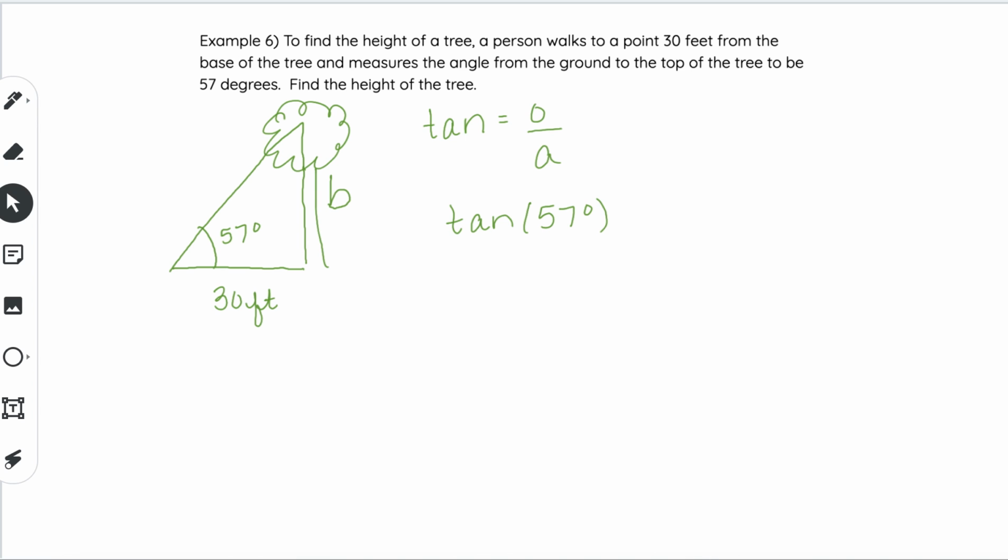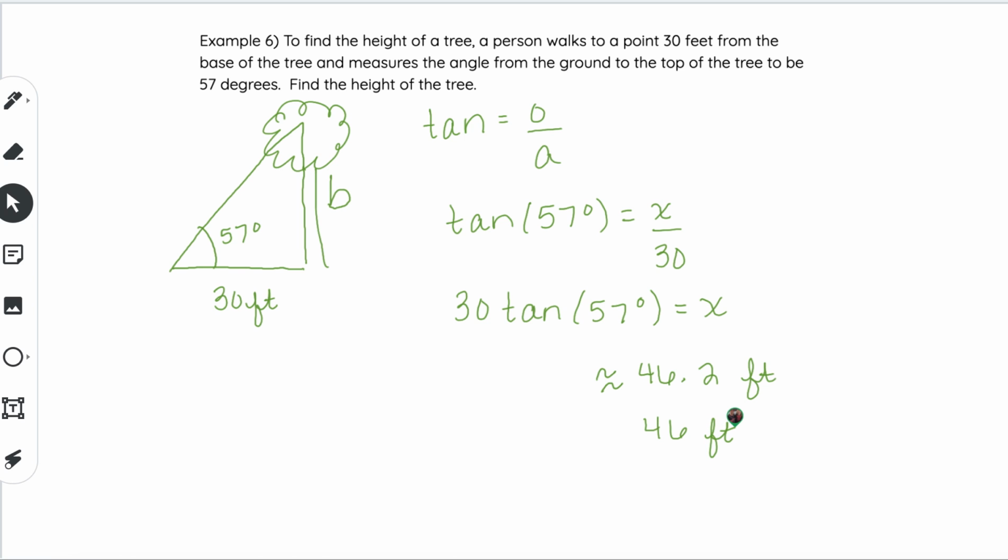Tangent of 57 degrees is equal to x over 30. Multiplying both sides by 30, so 30 times tangent of 57 degrees is going to be our height value, and it's approximately 46.2 feet, or rounded to the nearest whole is 46 feet.